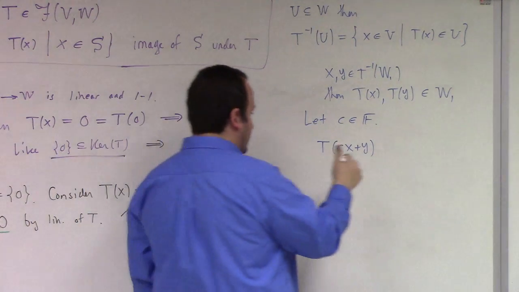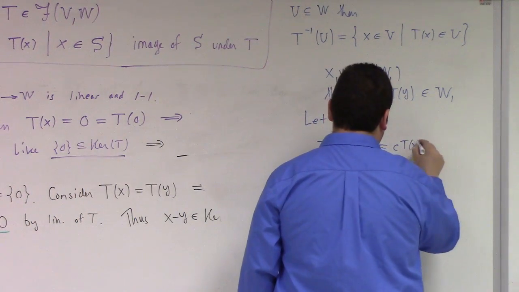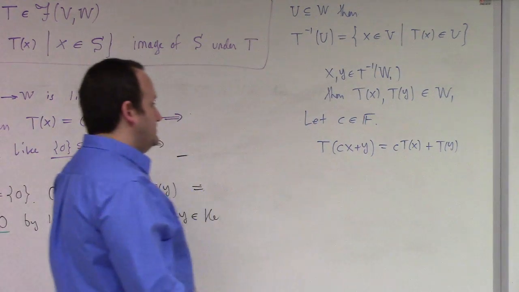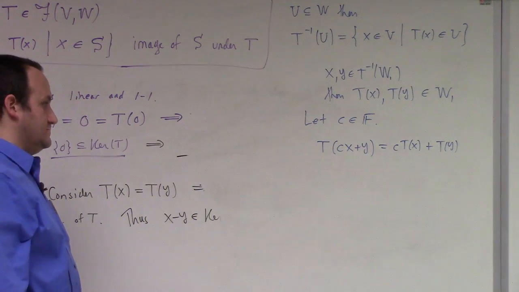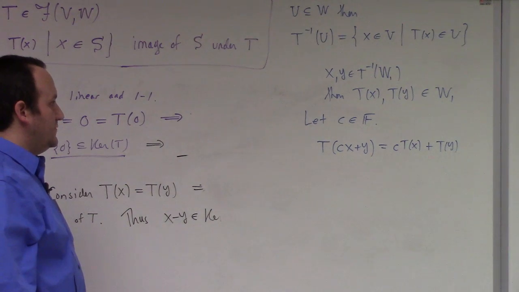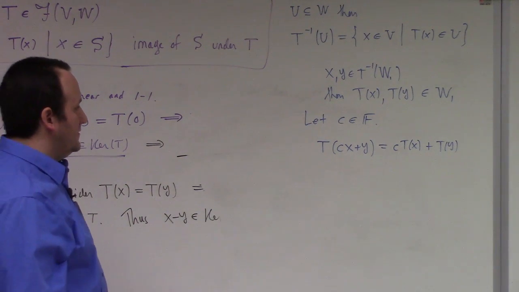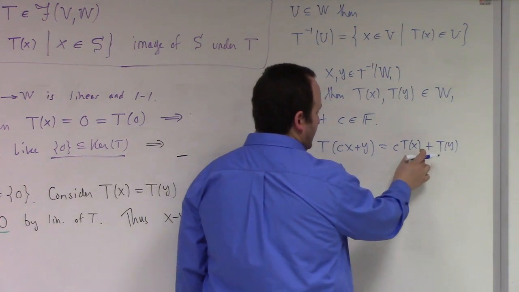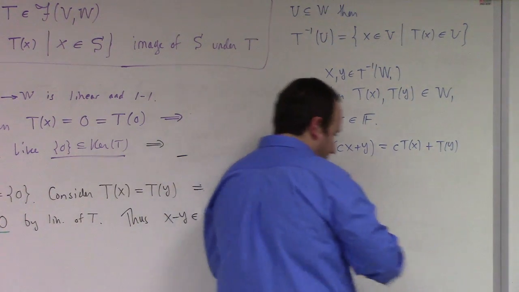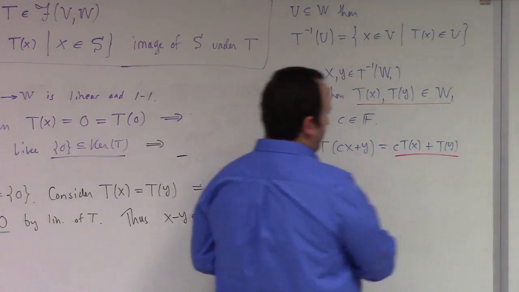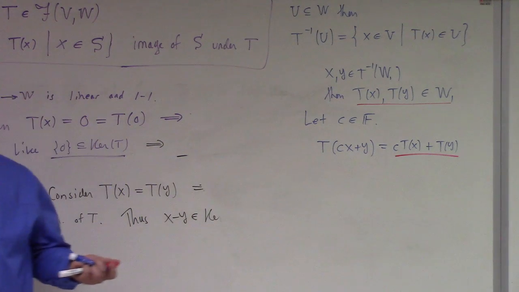Okay, so I use linearity. This gives me c times T of x plus T of y, right? What do we have here? These are elements of the subspace W1, right?